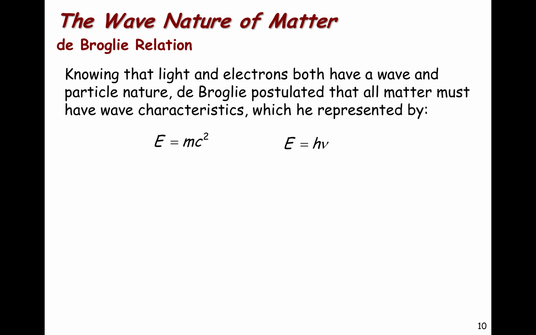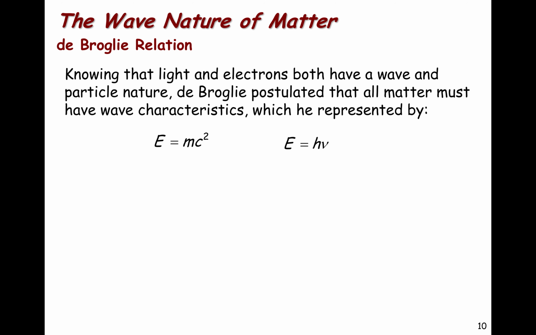We can derive the DeBroglie equation from two important relationships that you should be familiar with. The first is Einstein's famous E equals mc squared, which states that the energy of matter can be related to the mass times the speed of light squared.